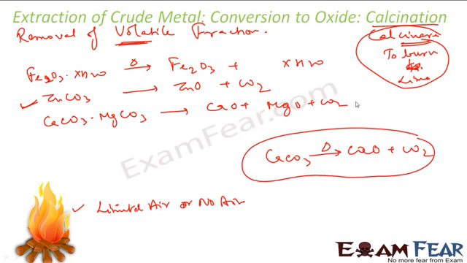The same method of heating an ore in the absence of air is used here. It removes the volatile fraction and also converts the carbonates to oxide. This is calcination. Please note, it is done in the absence or limited supply of air.